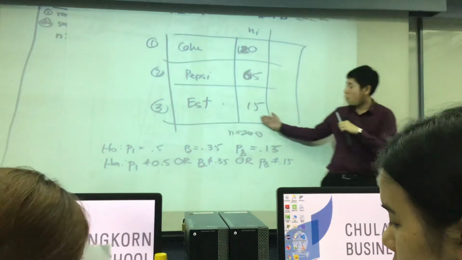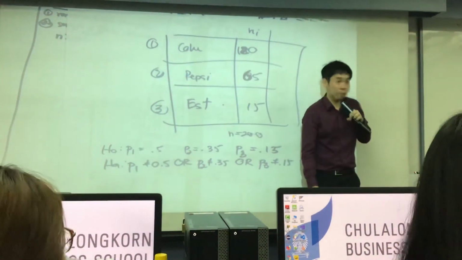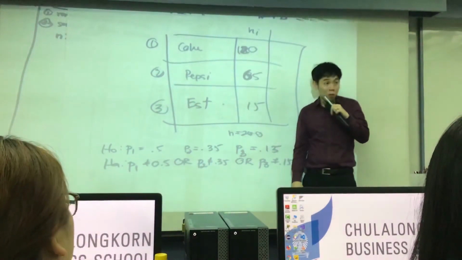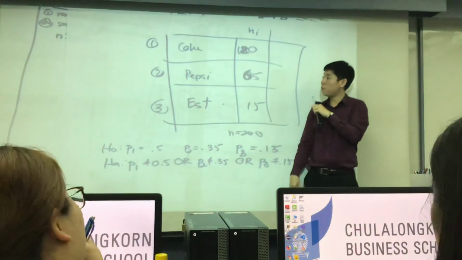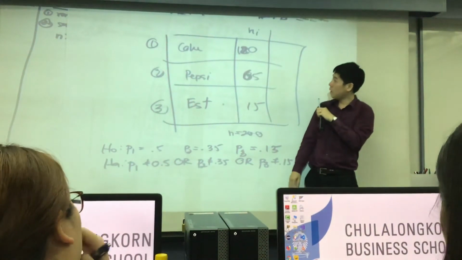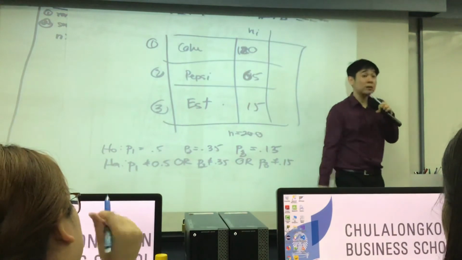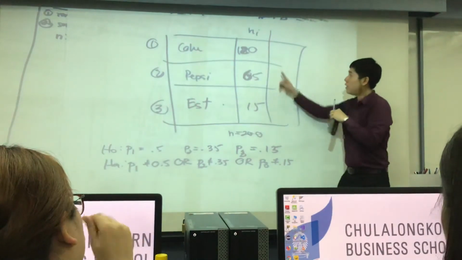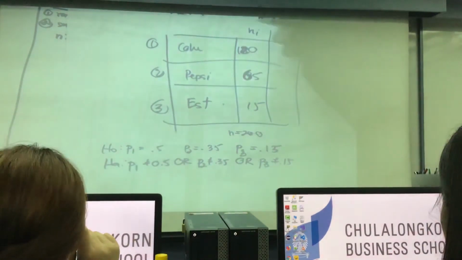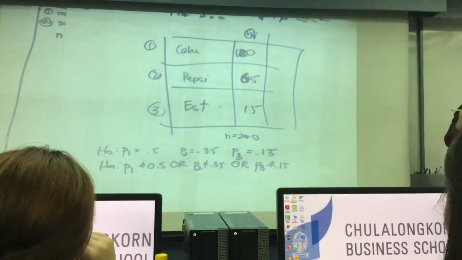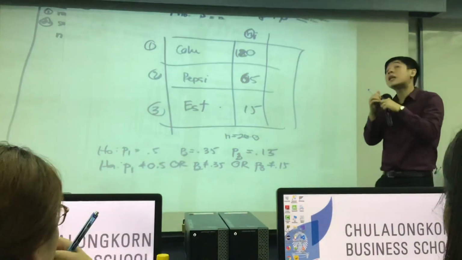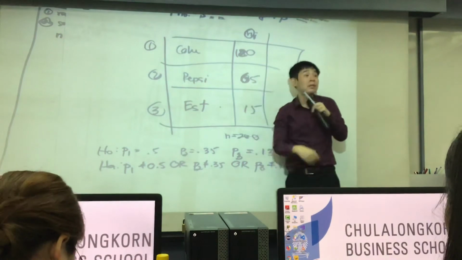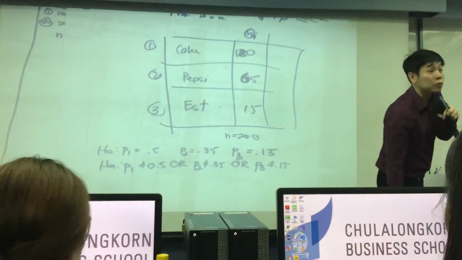And you see, I draw samples of 200 people. It turns out that 120 choose Coke, 65 choose Pepsi, and 15 choose S. Alright? My question, right? This one is sometimes what we call O_i. O_i means observed count. It's the count in each category that you observe from the samples.